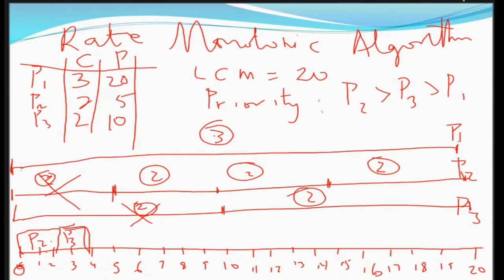Is that also? Okay. P1 is also active from 0 to 20. So P1 can execute how many units? 3 units. However, it can only execute 1, because by the time it is done with just the 1 execution, it has entered into the priority active zone of P2.